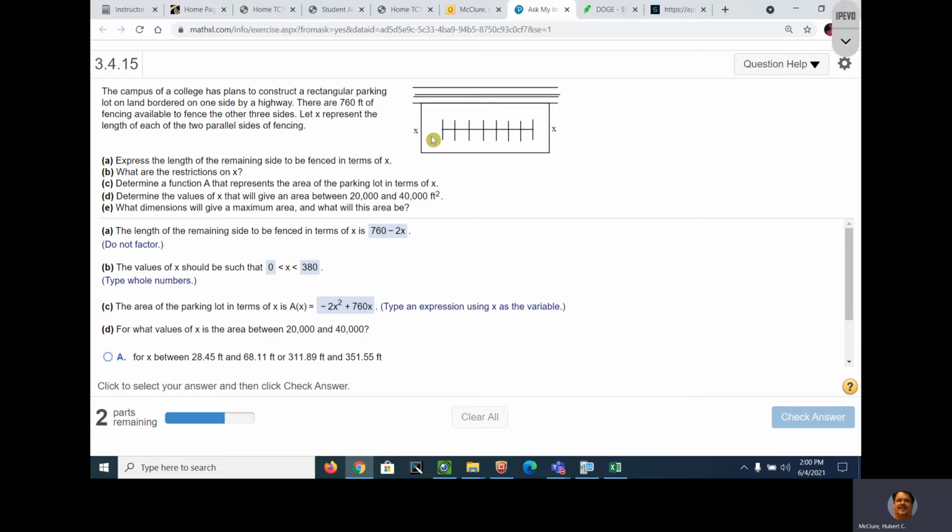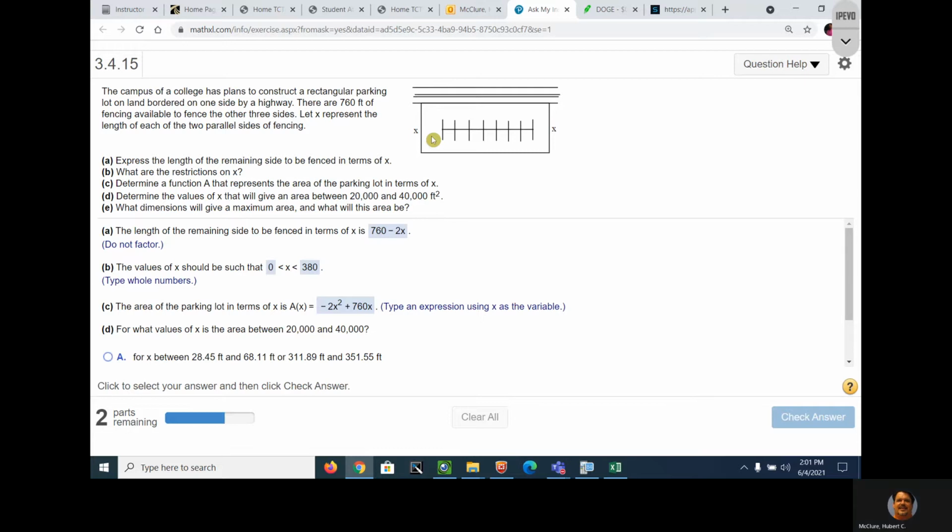Okay, so draw a picture of it. And when you draw a picture of it, it's going to be a three-sided rectangle pretty much. You got the highway up here. You got a fence, and it goes like this. You got three sides. Two sides are x and x. You got a perimeter that equals the perimeter of the three sides, which is equal to 760.